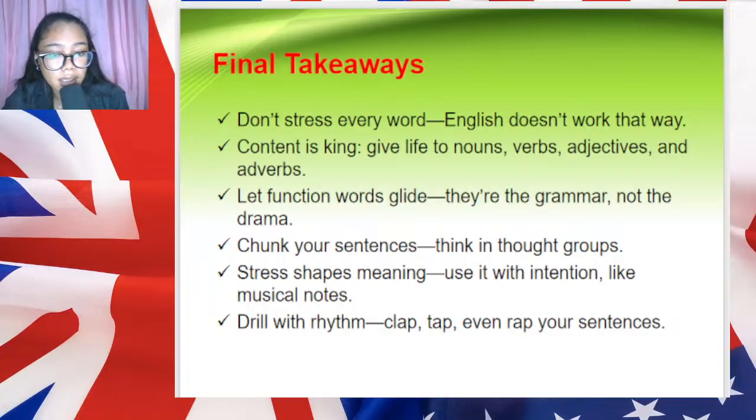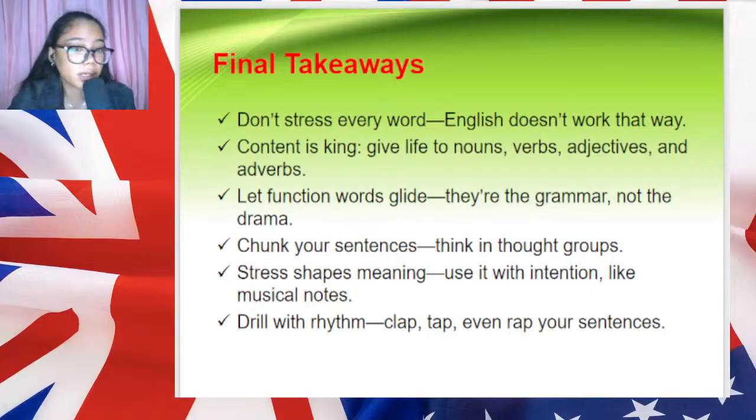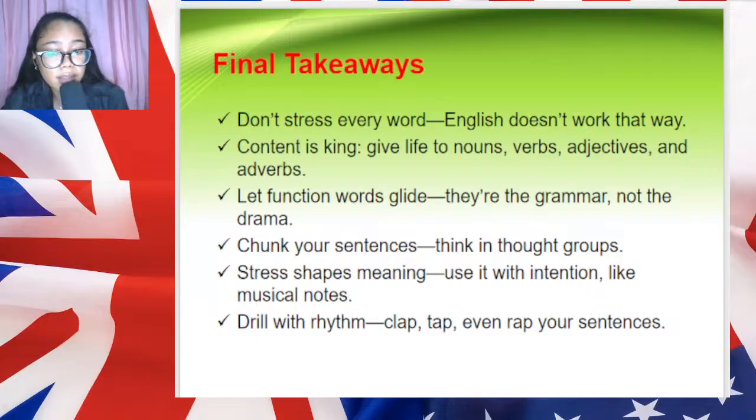It's an effective way to embed this vital rhythm into our memory, into our brains, because ultimately it will help us be more confident when we speak, because it's already part of our system, right? Again, the goal is for these stress patterns to become second nature so you can focus on your message, not just the mechanics of your pronunciation.